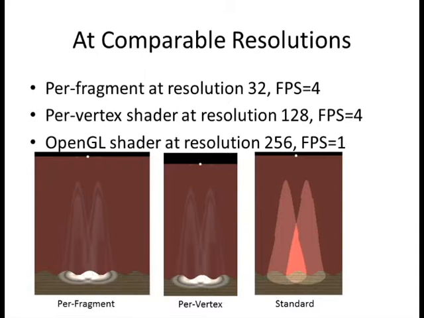I took measurements of the FPS for each rendering mode at various resolutions of the model. Visually, I determined that the per fragment shader at resolution 32 looked the same as the per vertex shader at resolution 128, which in turn looked comparable to the OpenGL shader at resolution 256. This makes sense because the OpenGL shader is the least customizable and requires the highest resolution of model to actually look decent.